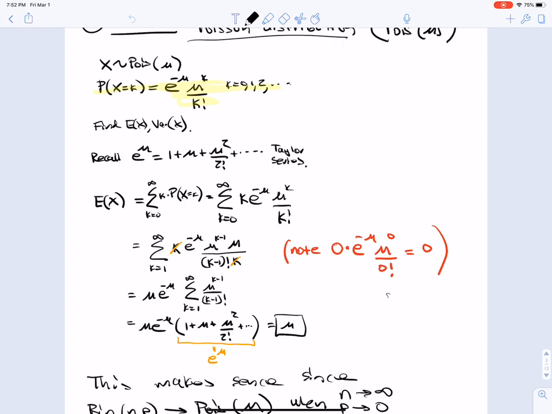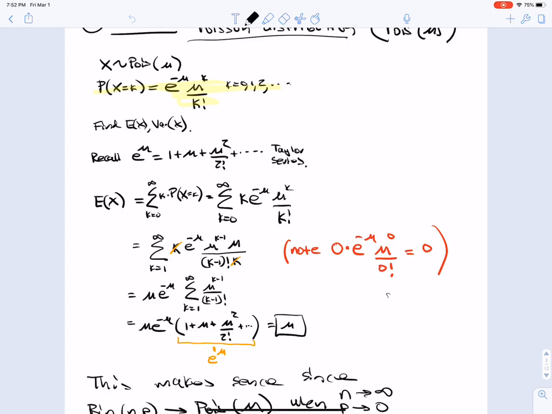use the definition of expectation. So the expectation is the sum over all of the outcomes, 0 to infinity, k times the probability that X is k. That's the sum from 0 to infinity, k e to the minus mu, mu to the k over k factorial. We could write that starting from k equals 1, since the k equals 0 term is just 0.